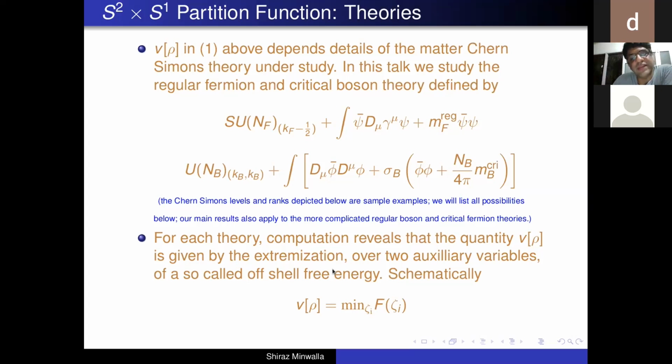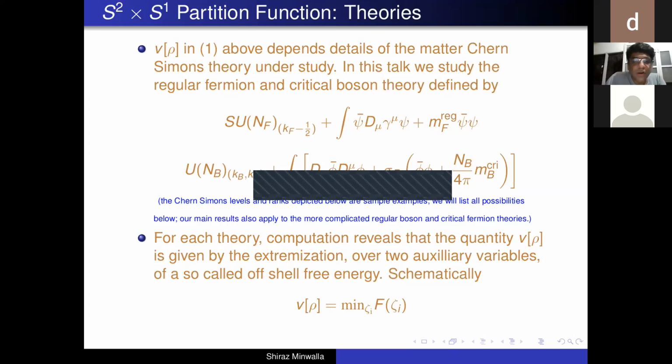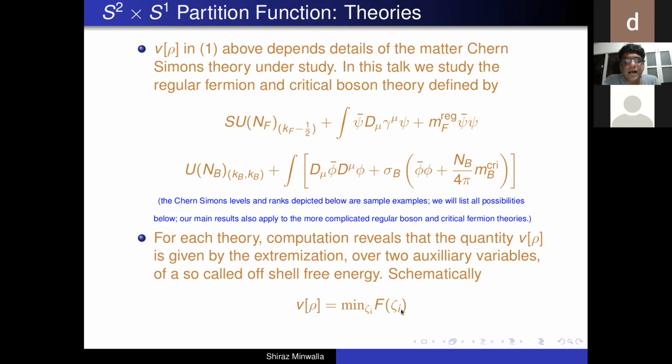V rho is the extremum, the minimum, over a set of auxiliary variables of a function that we call the off-shell free energy, which is a function not just of physical quantities like the temperature, the chemical potential and the couplings of the theory, as well as rho, but also of some auxiliary quantities which we call zeta. This quantity is what comes out of the calculation. After you get it, you're supposed to extremize or minimize it over these auxiliary quantities zeta.